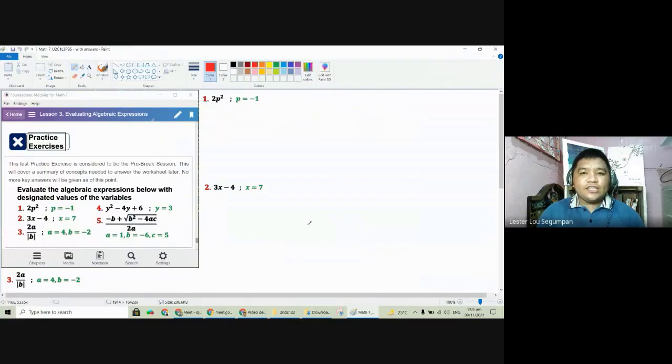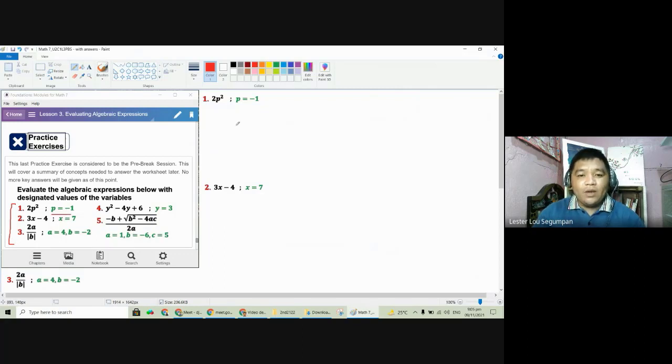Taking into consideration the given values for each variable, we could come up with a representative value for any expression. Why do I say representative? Because don't forget that each variable could take any other values. As for these given items here, let's try to evaluate them using the given values of the variables.